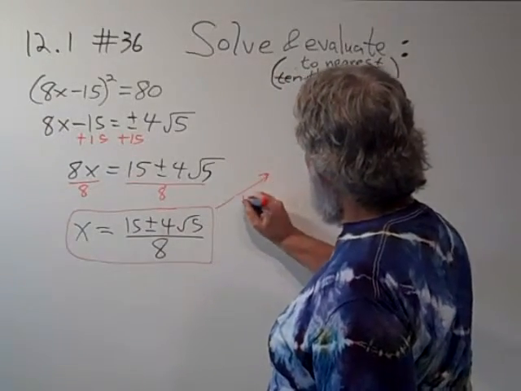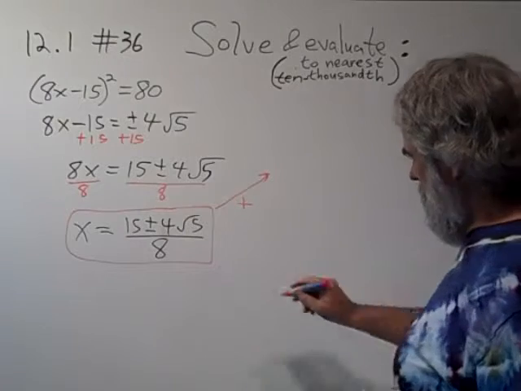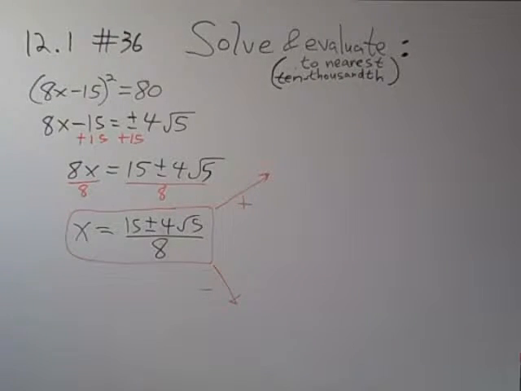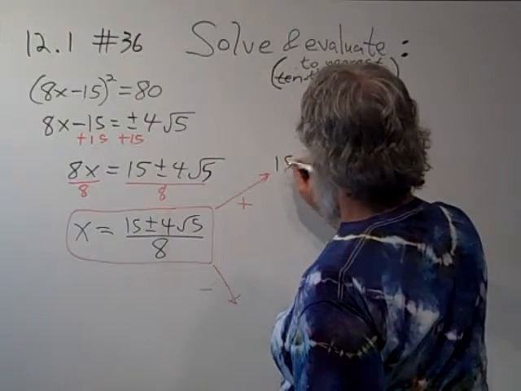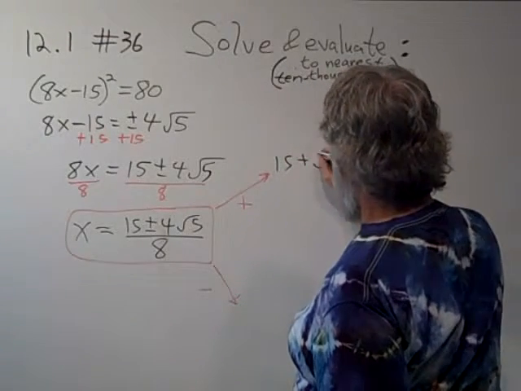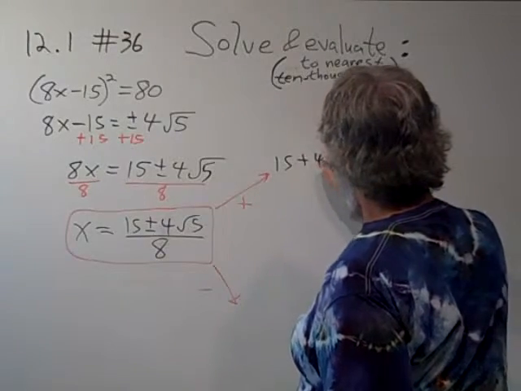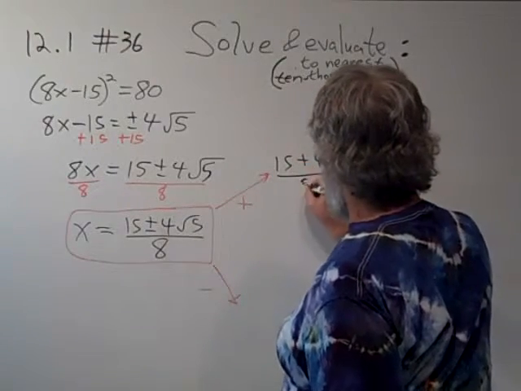Now if we choose the plus, we'll get one solution, and if we choose the minus, we get the other solution. So first we have 15 plus 4 times the square root of 5, all divided by 8.